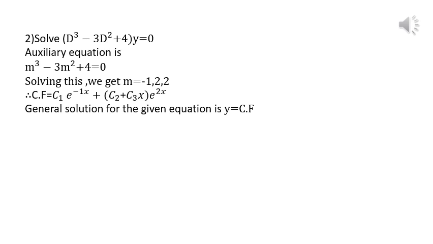Write the auxiliary equation as d cube minus 3d square plus 4 is equal to 0. See, suppose this is a quadratic equation, you know how to find out the values of d by the general method or factorization method or other method.